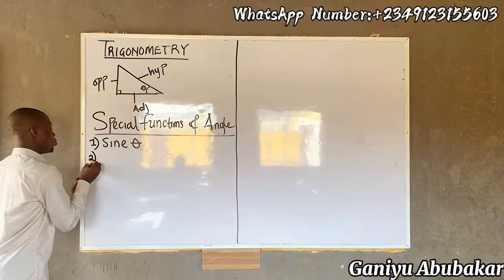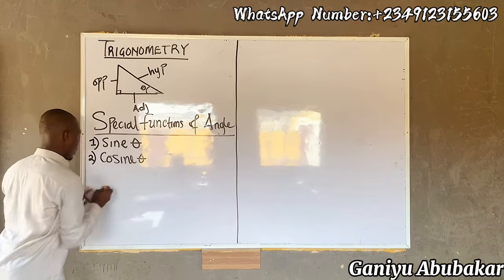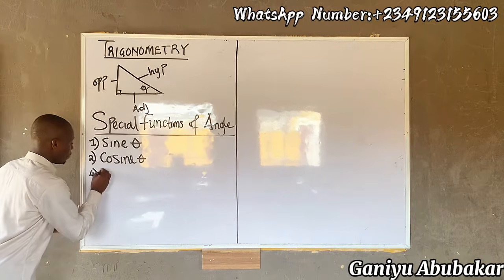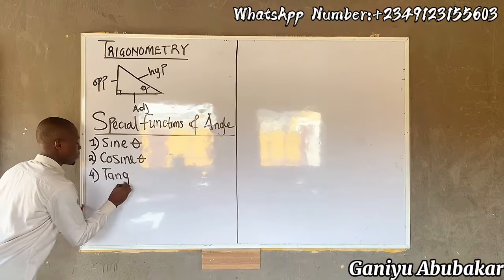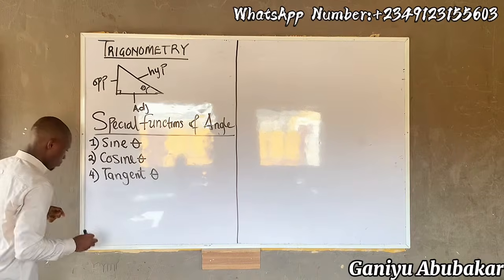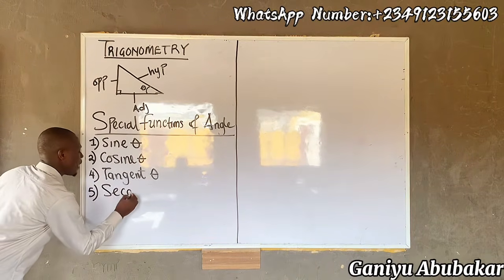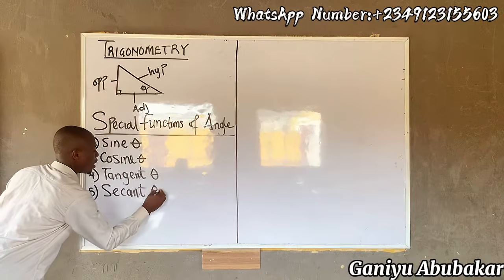Number 2, I have cosine theta. Number 4, I have tangent theta. Number 5, I have secant theta.